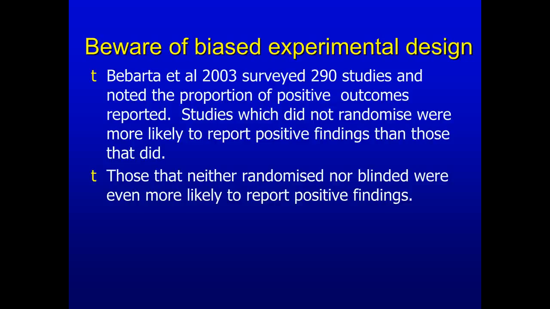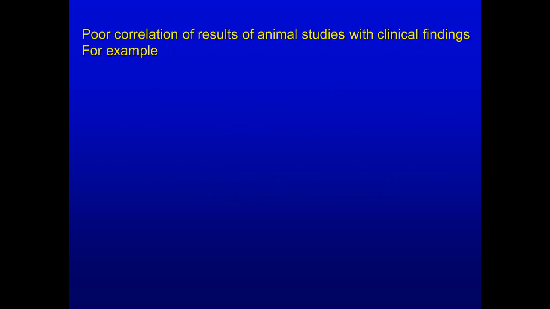But if the randomization was not mentioned, there was a greater chance of the findings being reported as positive than if it was, and if neither randomization nor blinding were reported, again, there was an even bigger chance of positive findings being published in the abstract than negative ones. So there's a risk in this of allowing a bias to come in, which you don't see in the published work.